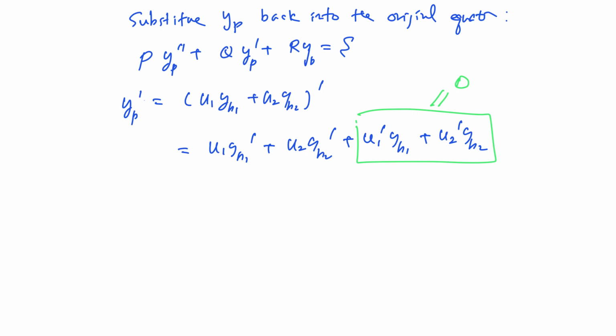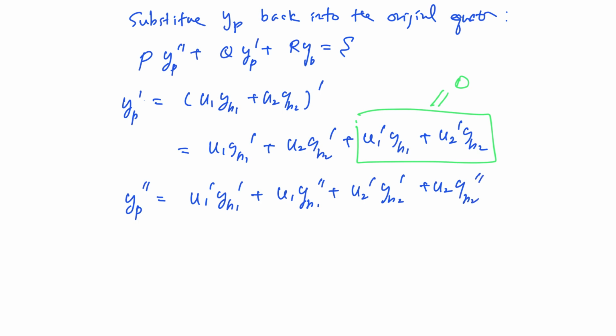If we take the double prime, that is u1 prime yh1 prime plus u1 yh1 double prime plus u2 prime yh2 prime plus u2 yh2 double prime. So we just substitute back into the original equation.